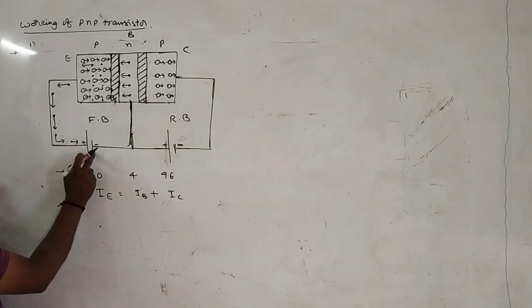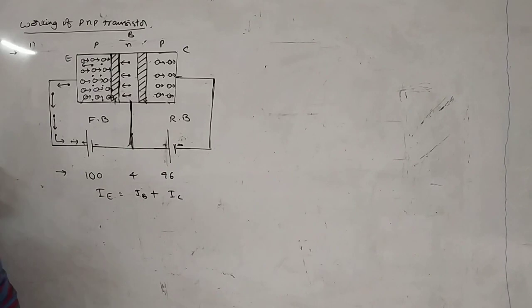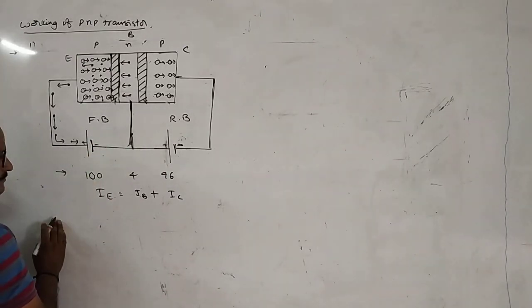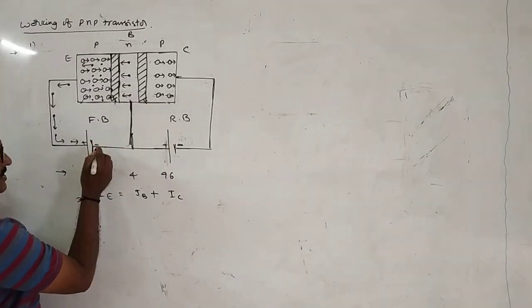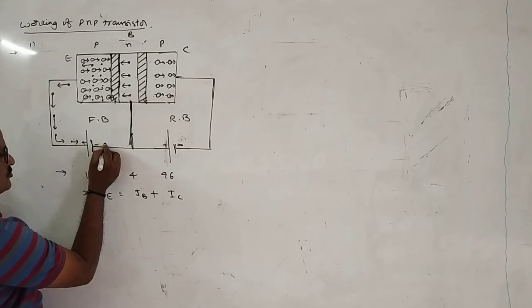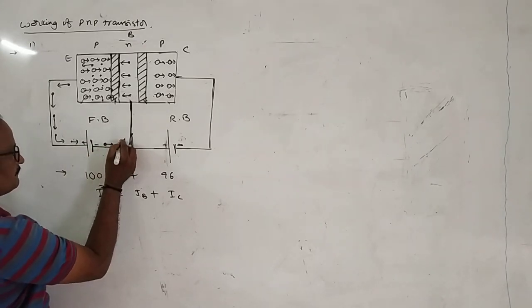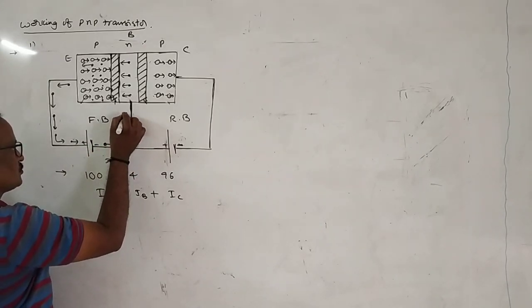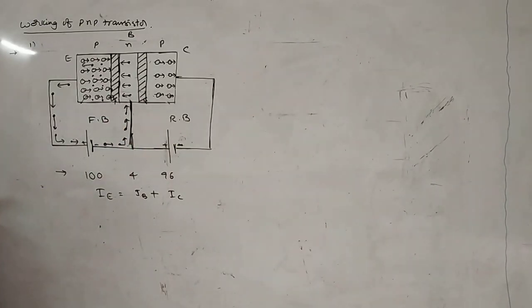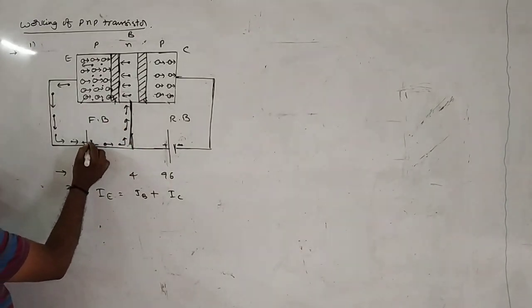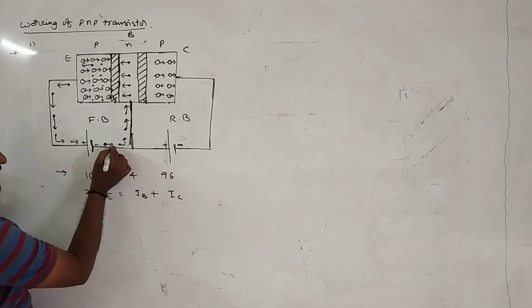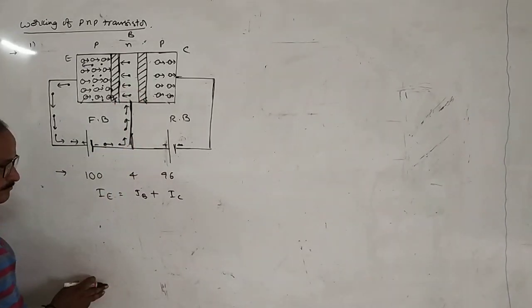Also, in the base region, the battery can supply the negative charge electrons. These electrons coming from the negative polarity of the battery enter into the base region.